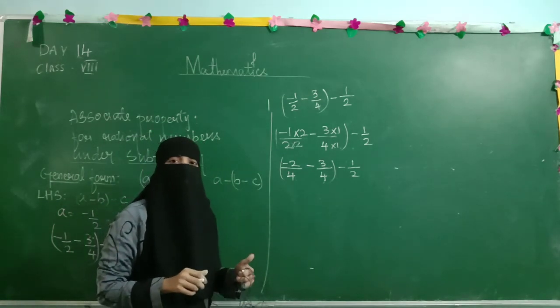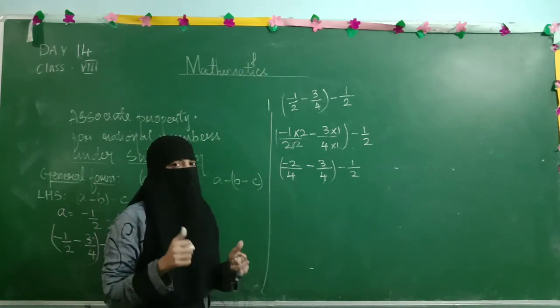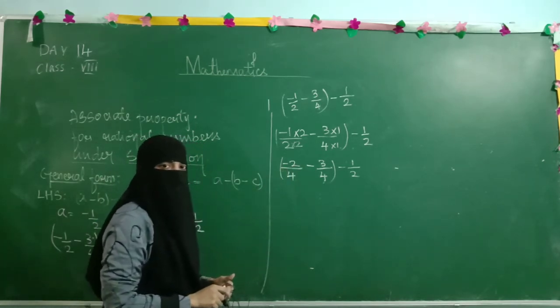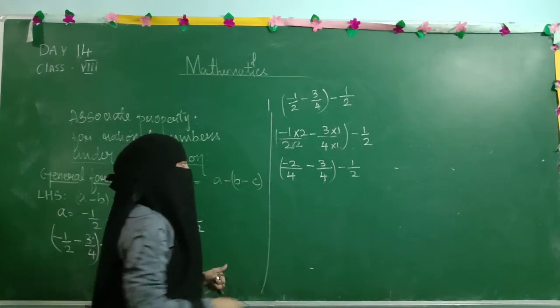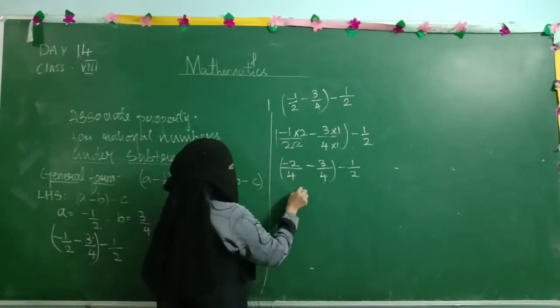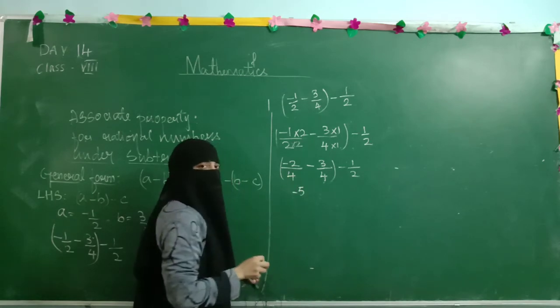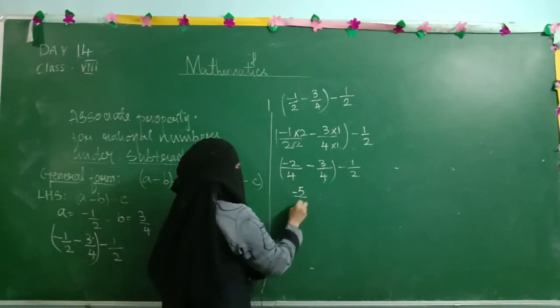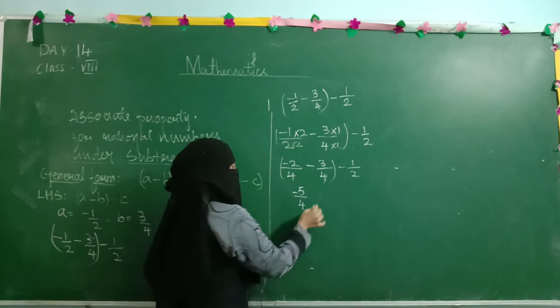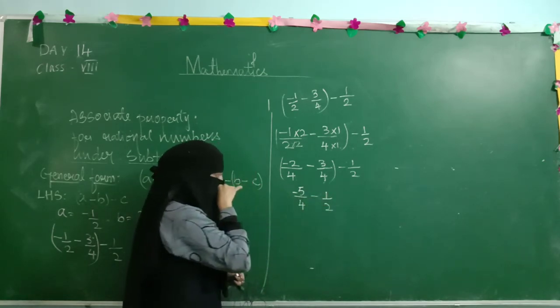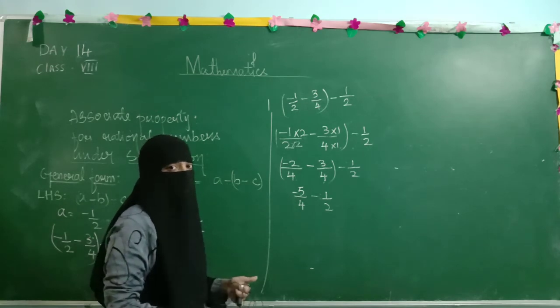When both numbers have the same sign, we go for addition. So here, as both numbers have a minus sign, definitely we perform addition. 3 plus 2 is how much? 5. But as both numbers have a minus sign, I write minus in the answer, so minus 5 by 4. This we are subtracting with 1 by 2. Again the denominators are different, so we can't subtract them directly.